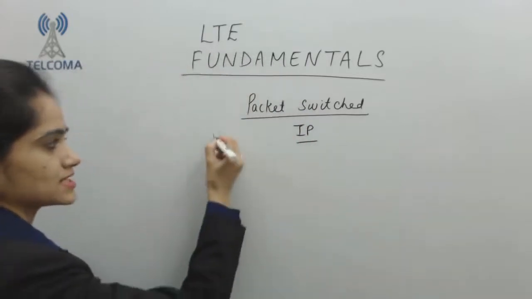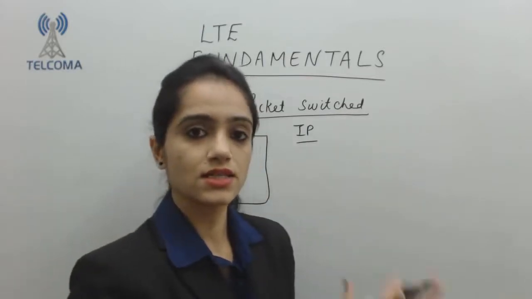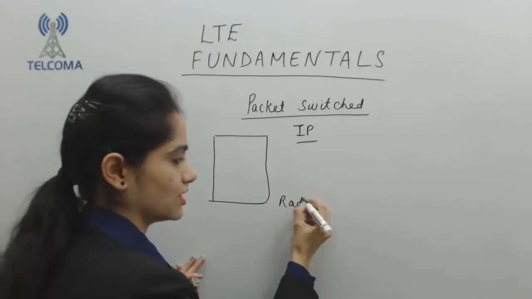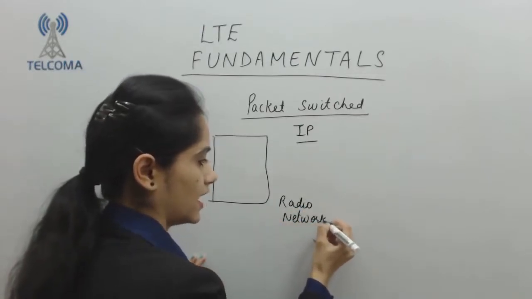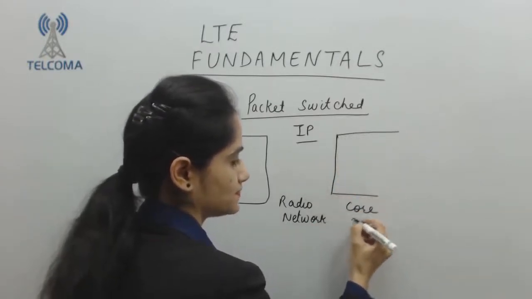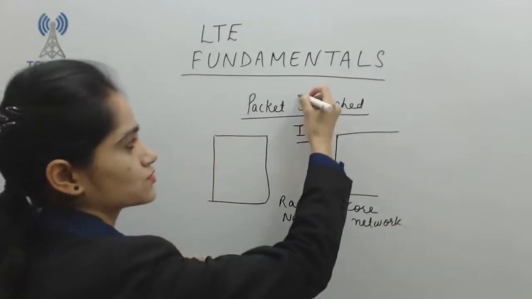Basic architecture is always divided into two parts. The first one is the radio network and the next one is the core network. We want a fully packet switched network.